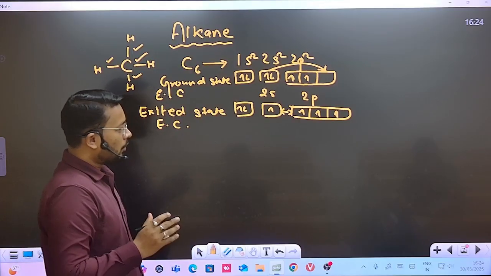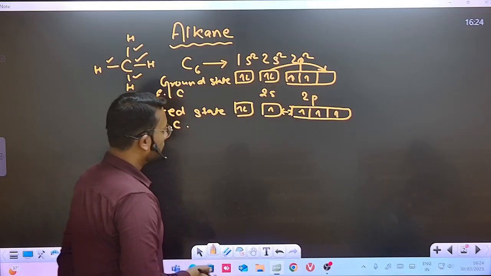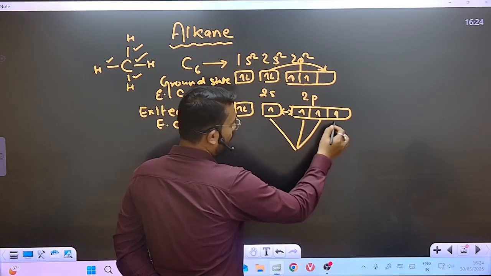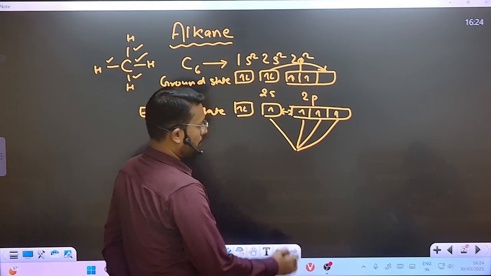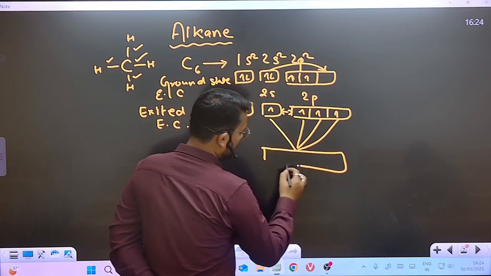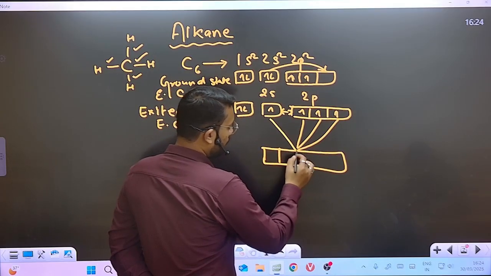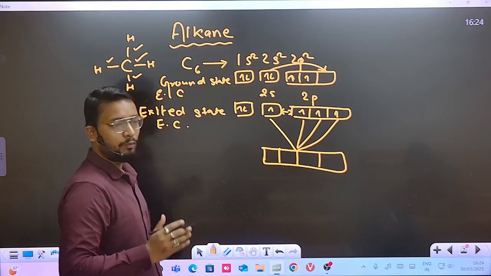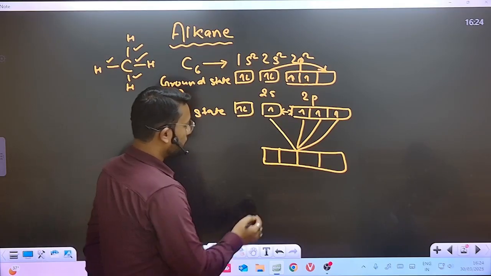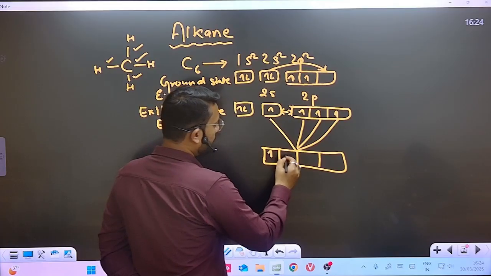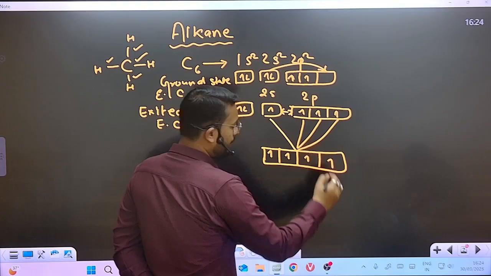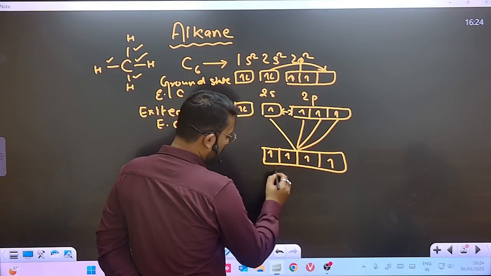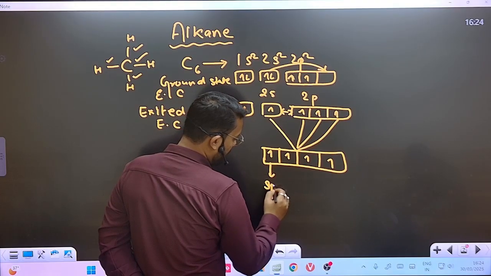So what happens is that this 2s and these 2p orbitals intermix to form new orbitals, to gain equal energy so that equal bond lengths can be formed. This 2s and 2p orbitals intermix to make new orbitals, and these 4 orbitals are sp3 hybridized.